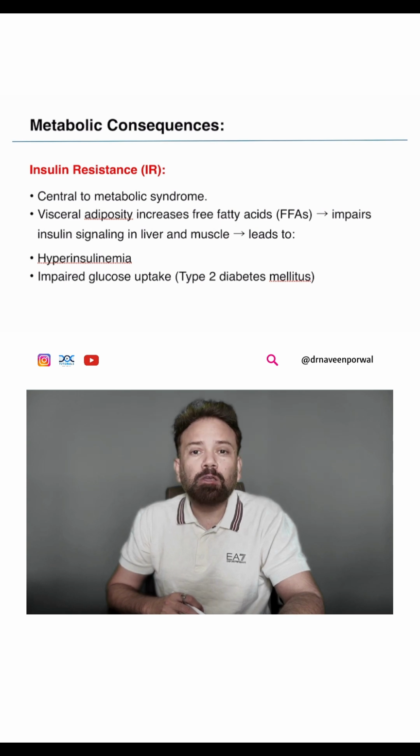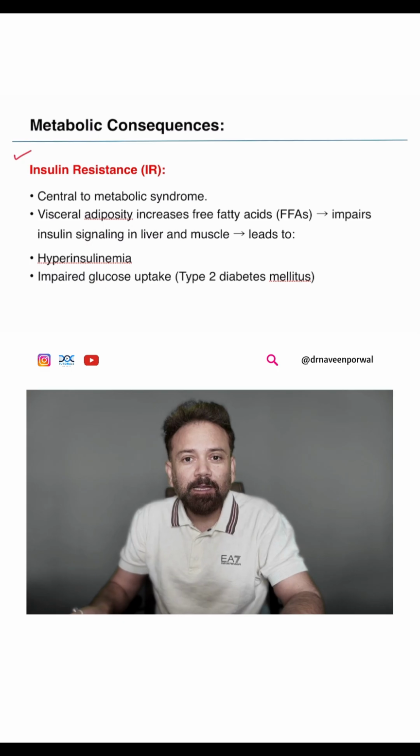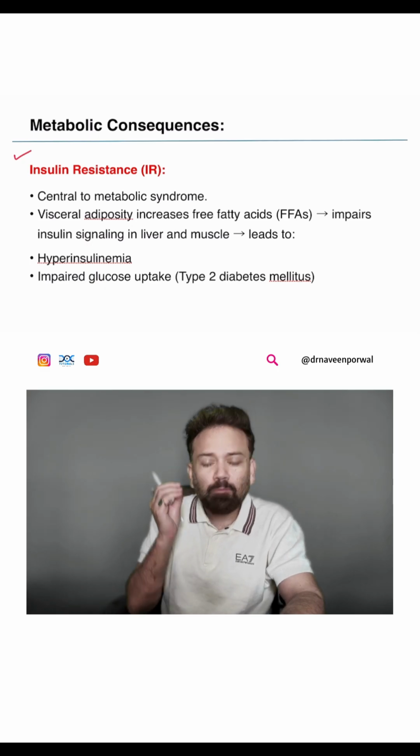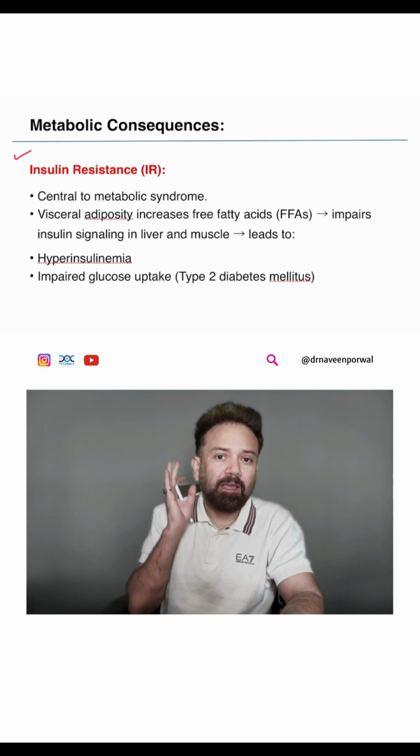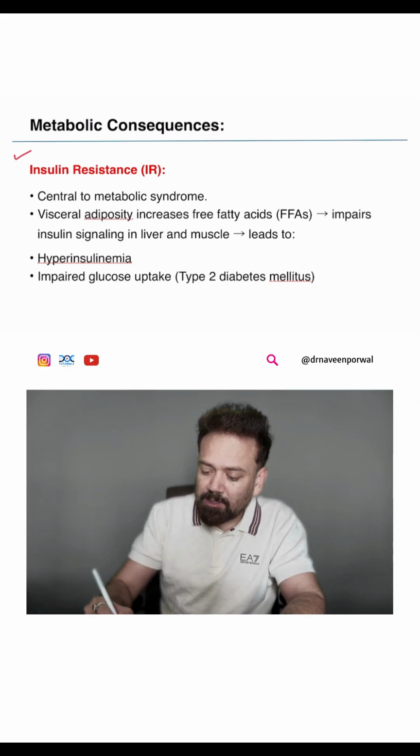What are the metabolic consequences? Number one is insulin resistance. It is the main metabolic consequence which a person is having, and that is called insulin resistance. What is insulin resistance?